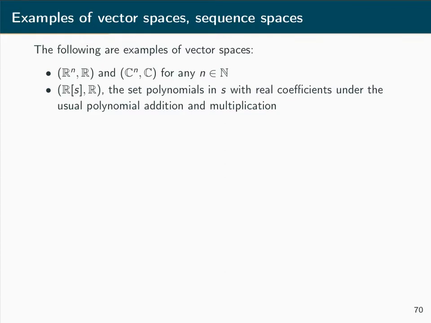Moreover, the set of polynomials with real coefficients together with the field of the reals is also a vector space, which you can easily check by going through definition 4.2 and realize that it satisfies all of the requirements. But it turns out there are many more sets that satisfy the conditions posed by definition 4.2, and that's what we're going to look at next.